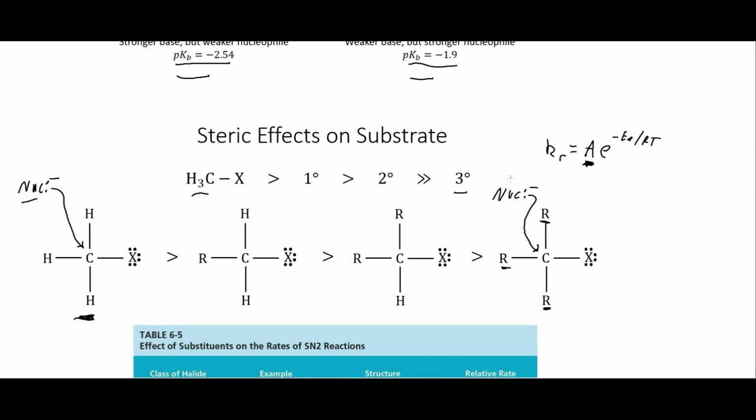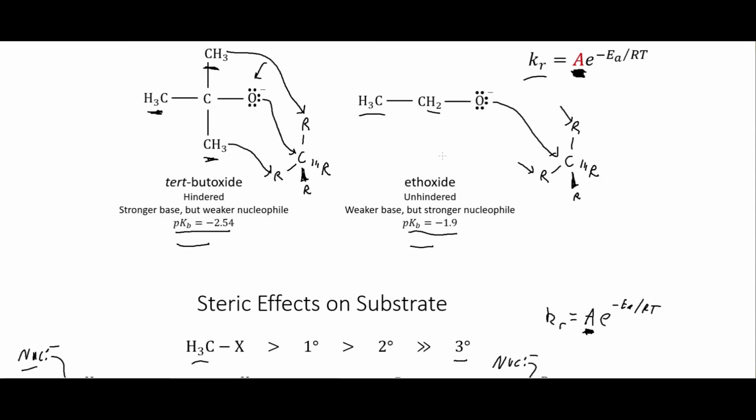And so these steric effects for both the nucleophile and the substrate are very much the same, where the greater the number or size of these substituents on our central carbon that's going to act as the electrophile, the more hindered it's going to be, and so it's going to slow the reaction down.